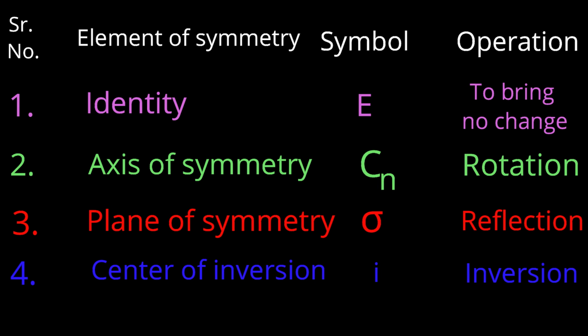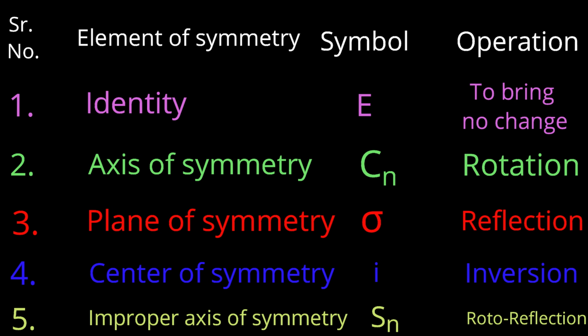And the last element of symmetry is called the improper axis of symmetry. It is again a collection of a line. It is not exactly a line, but roughly it is considered as a line. Why it is so, we will discuss. It is represented as Sn, where n is the order of the axis.